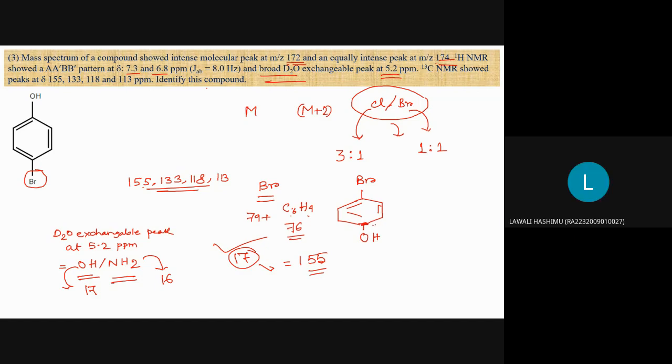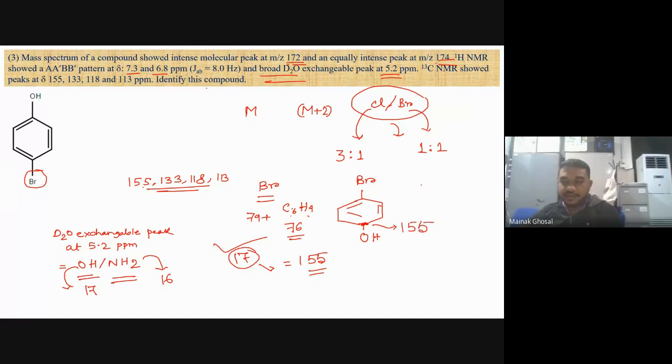This is 155, because this carbon is attached to the most electronegative atom in the molecule. Oxygen is the most electronegative atom. So the next one will be the carbon attached to bromine, so this one will be 133.